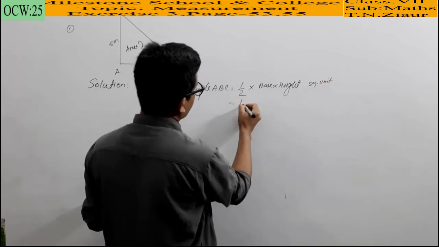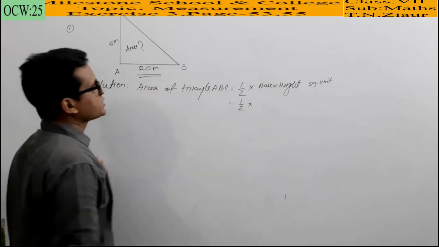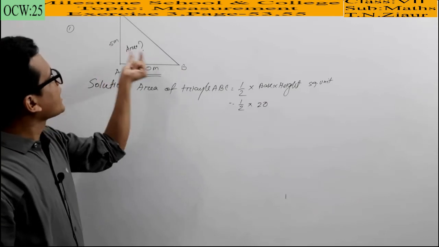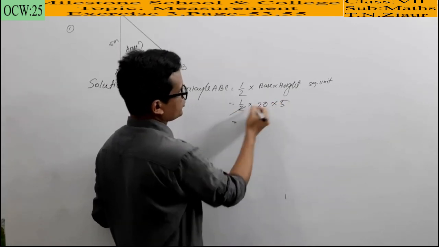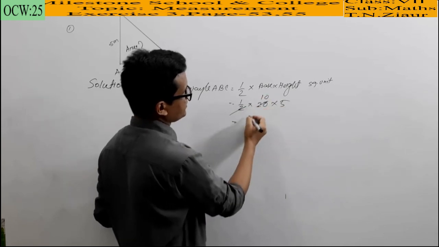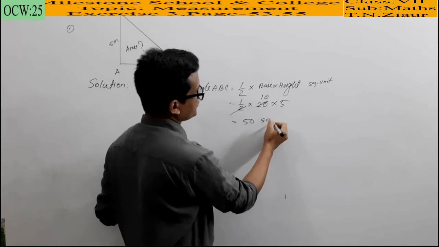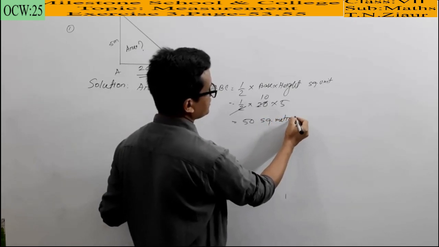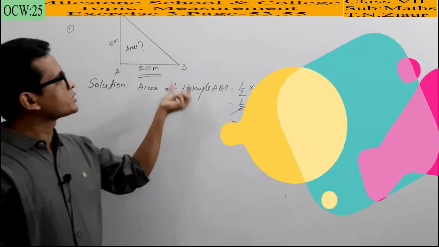So half into base, base is 20 meters, so write here 20 meters, and height is 5 meters, so into 5 meters. 2 tens are 20, and 5 tens are what? 50. 50 square meters. This one is the answer for the area of the triangle.